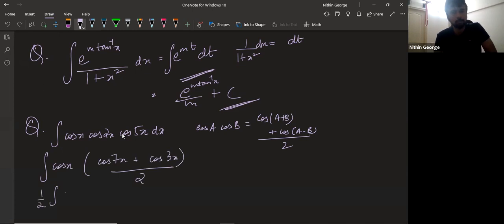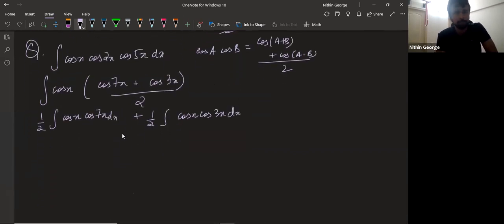And then I get 1 by 2 cos x cos 7x dx plus 1 by 2 cos x cos 3x dx. Okay, apply the same thing here. This becomes 1 by 4 (cos 8x plus cos 6x) plus 1 by 4 (cos 4x plus cos 2x).